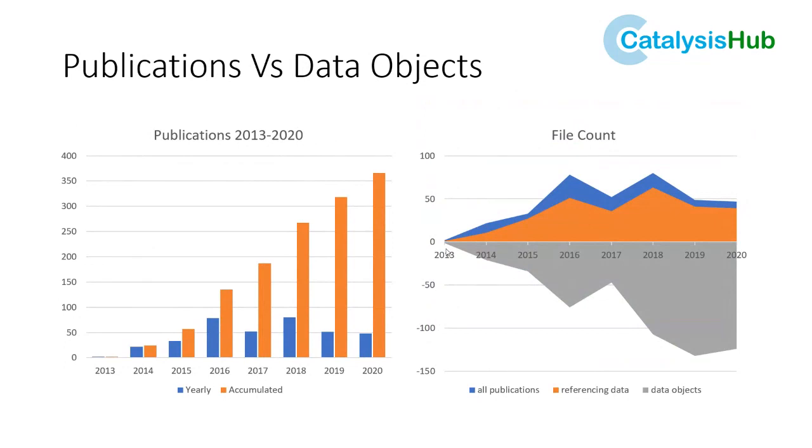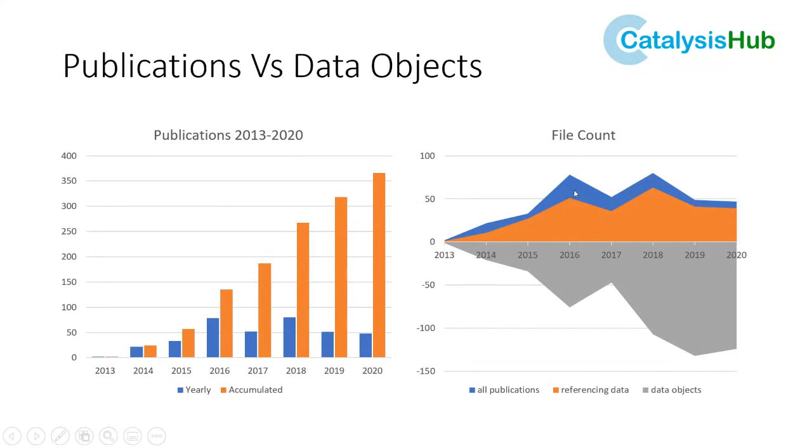We compared the trends in the publishing of data from the beginning of the Catalysis Hub until 2020, at least. And there is an increase in the number of publications. This is the accumulated, and this is the yearly number of articles published.